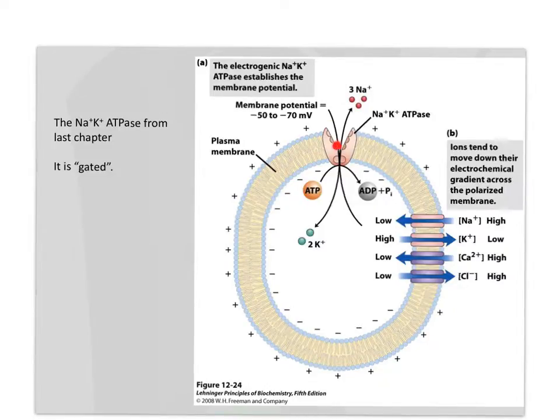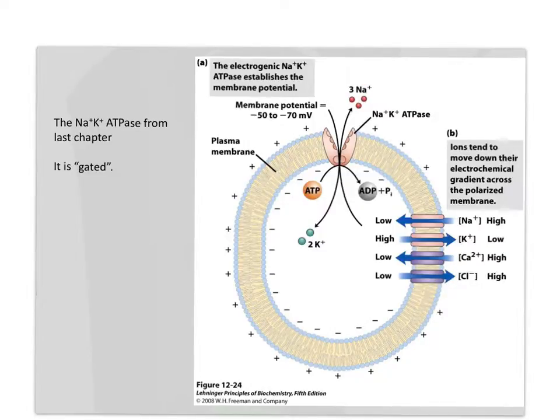However, if you look at this, there are binding spots for 3 sodiums, but only binding spots for 2 potassiums. It's also called an antiport because they're going in opposite directions. So as 3 sodiums go out, 2 potassiums come in. That's why it causes an overall more positive charge on the outside than on the inside, since 3 went out and 2 came in.